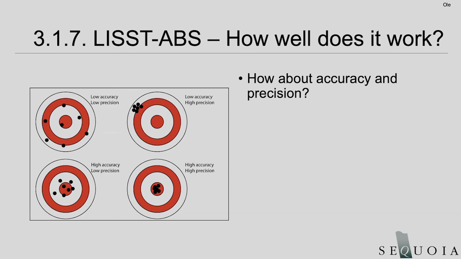If we go up and look at the top right plot with low accuracy and high precision, then we can see that all the data points are all clustered together. So they're all at high precision, but they have fairly low accuracy because they are far away from the actual target.